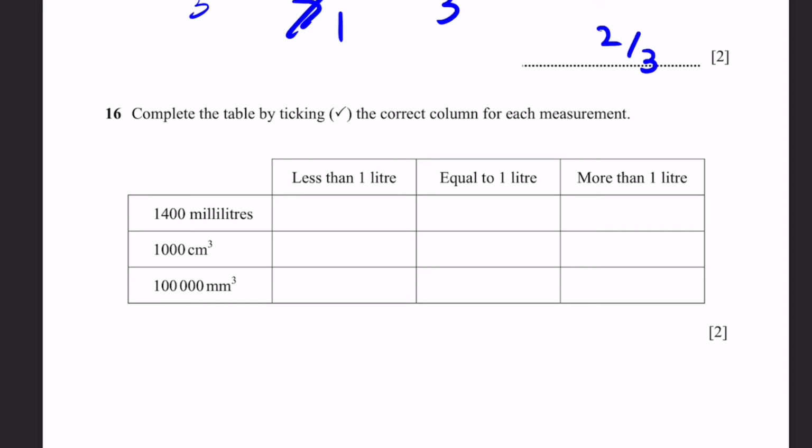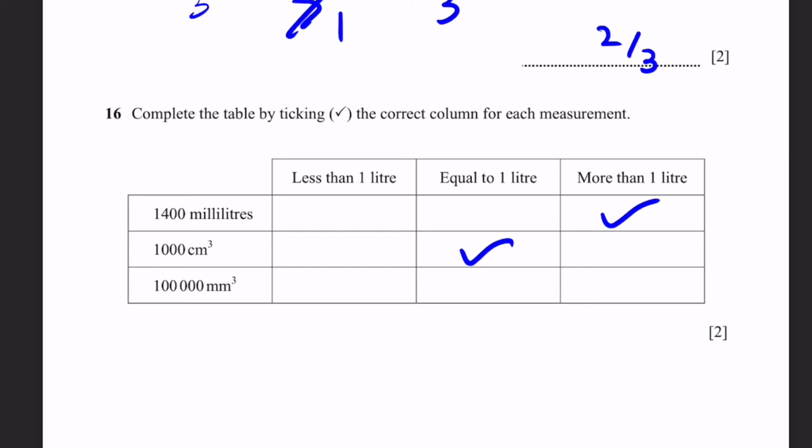Question 16. Complete the table by ticking the correct column for each measurement. 1400 milliliters. That will be 1.4 liters. So that's more than 1 liter. Number 2, 1000 centimeters cubed. There's a fact that 1000 centimeters cubed is equal to 1 liter. We need to remember that.